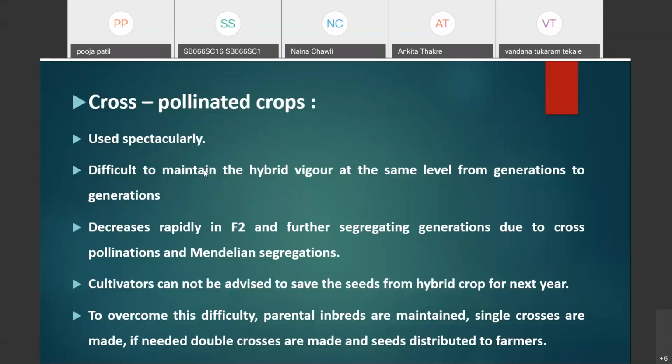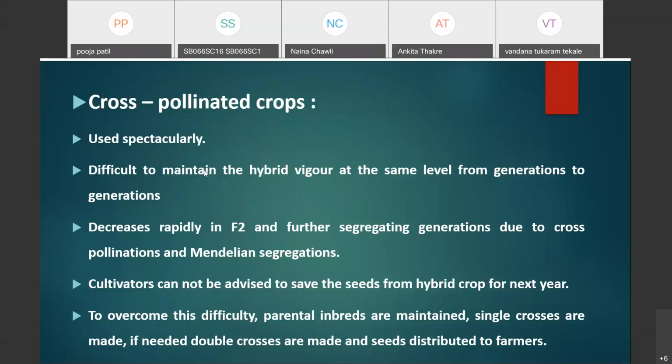And that's why, to overcome this difficulty, the parental inbreds are maintained, the single crosses are made, and if needed, the double crosses are also made, and then the seeds are distributed to the farmers.